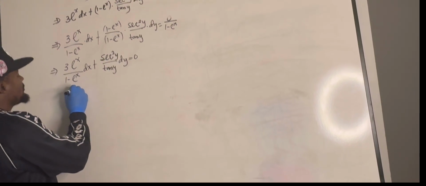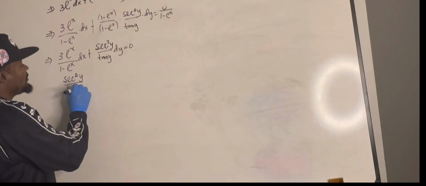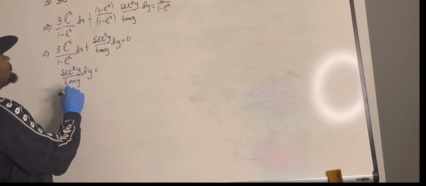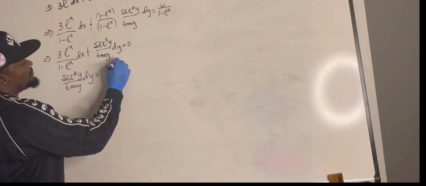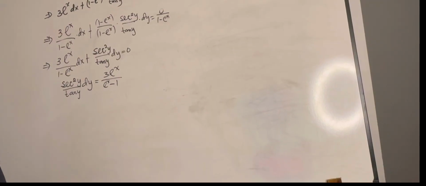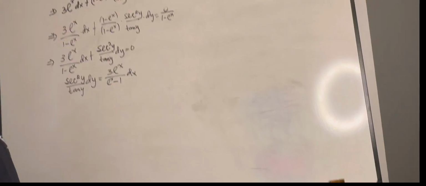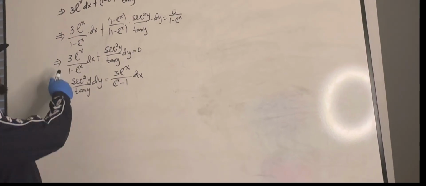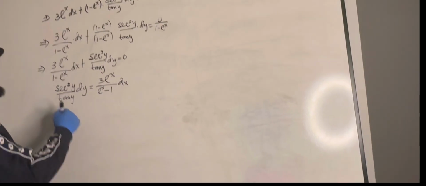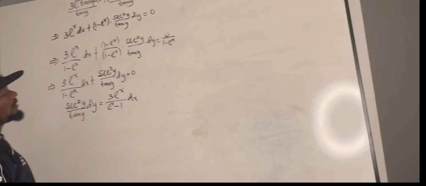We will have sec squared y divided by tan y dy equal to, when I subtract on both sides, 3e^x divided by e^x minus 1 times dx. You might now be wondering, where is the negative? The negative was, we were supposed to have a negative here. The denominator here absorbs the negative and becomes e^x minus 1.